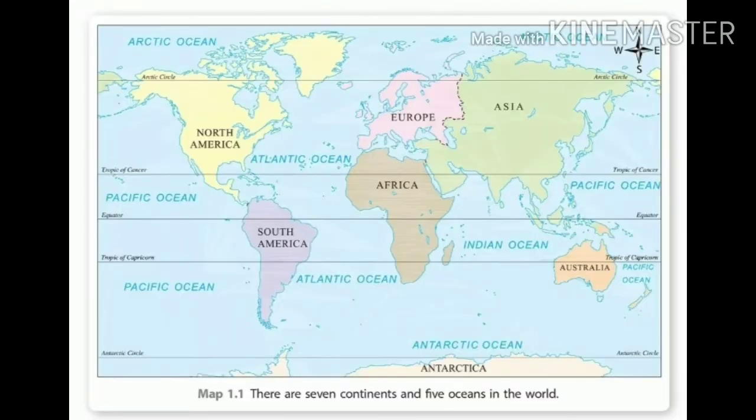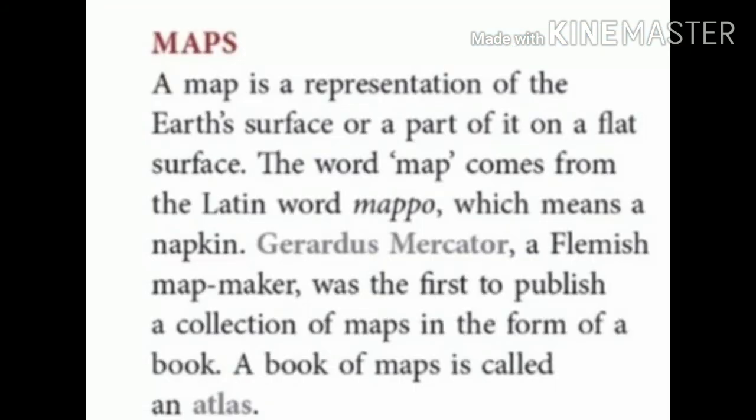Now let's see the map where water bodies and land masses are marked. The water bodies which are marked are known as oceans, and the land masses are known as continents. Maps. A map is a representation of the earth's surface or a part of it on a flat surface.